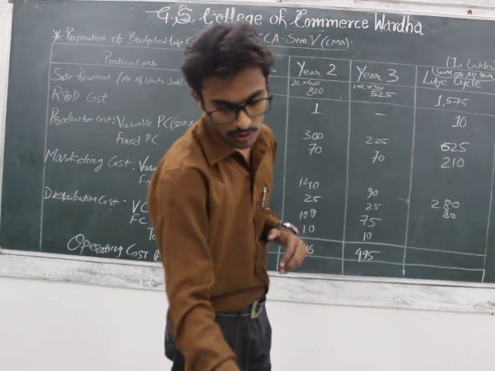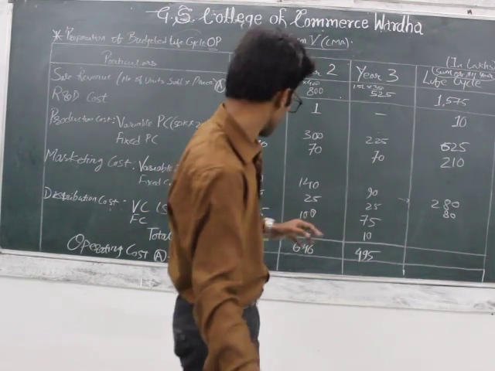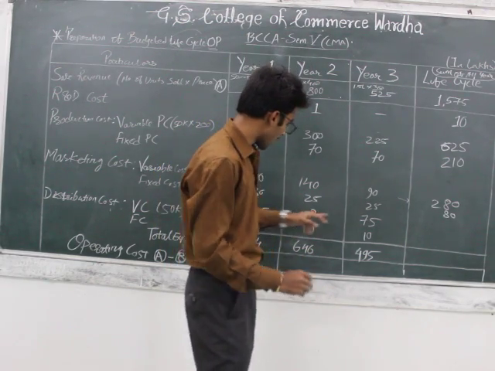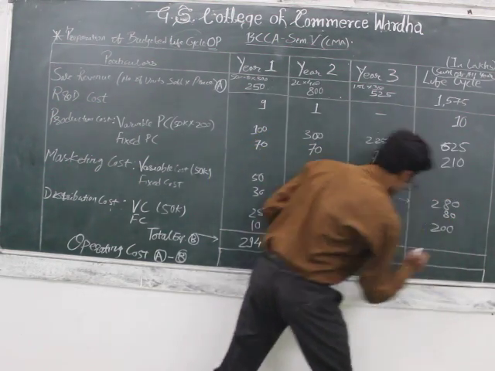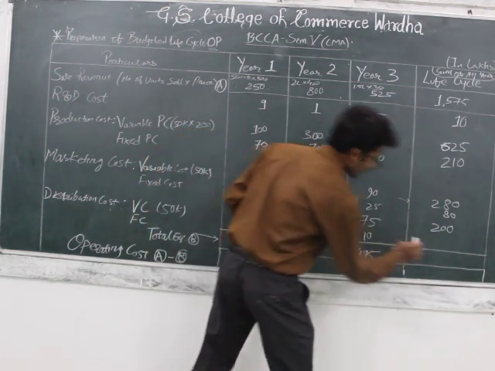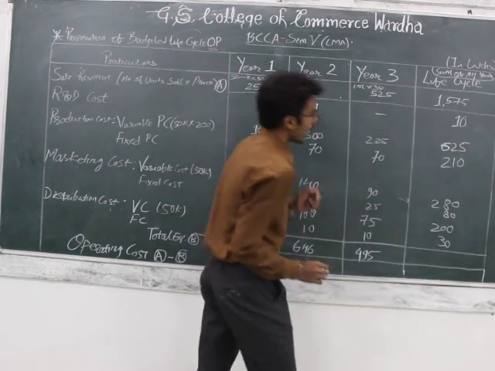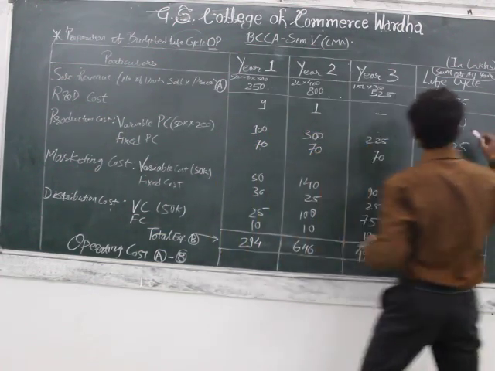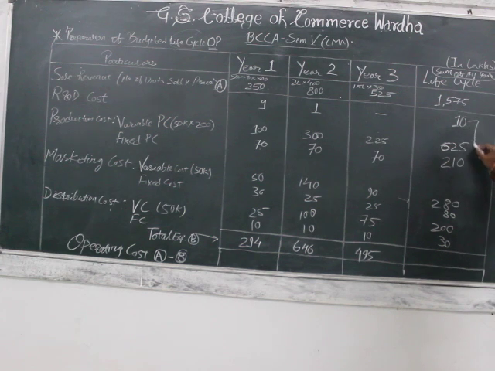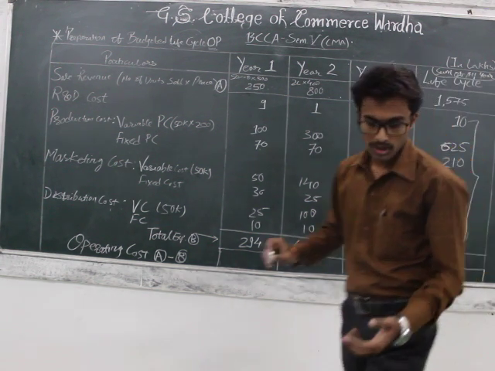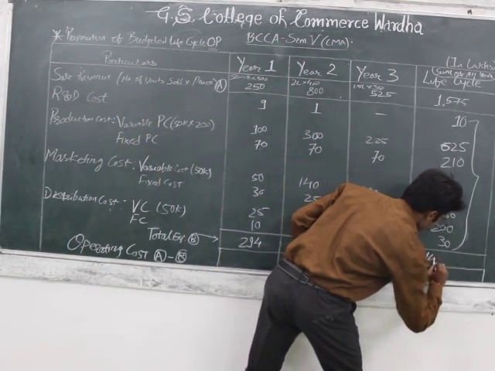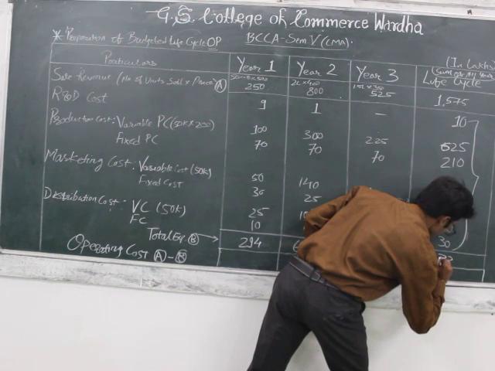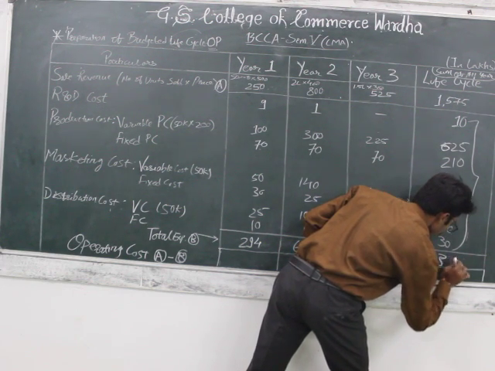Same for distribution cost. The calculation for distribution cost will be adding these three amounts, that means 10, 10, 10, which means 30. And we will be adding all these amounts. So the calculation for all of these will be 1435.